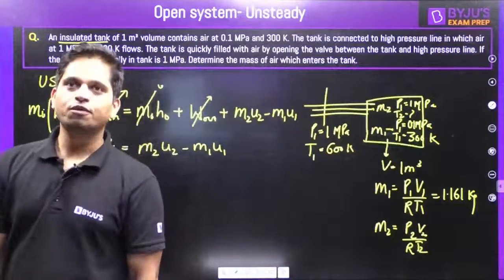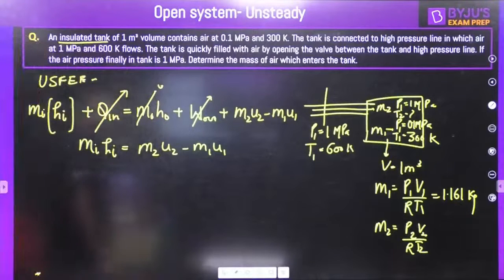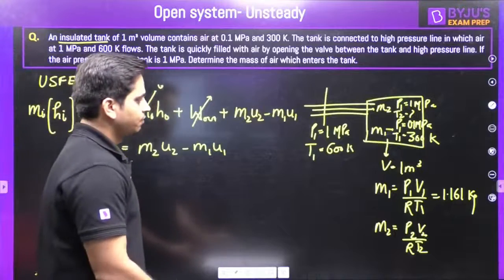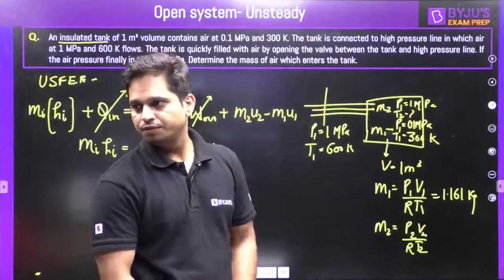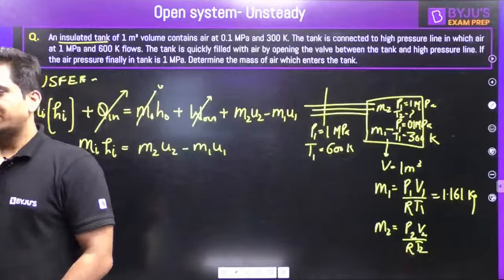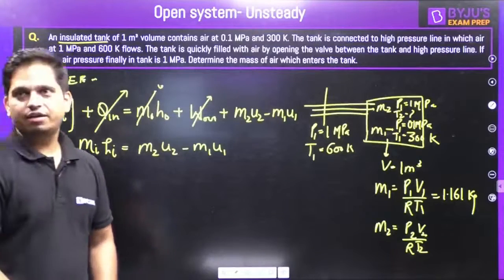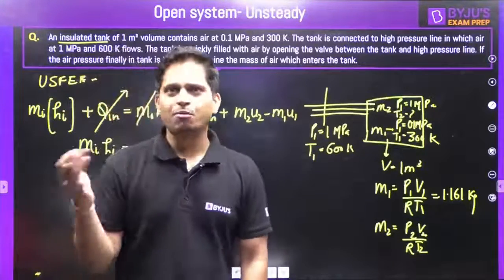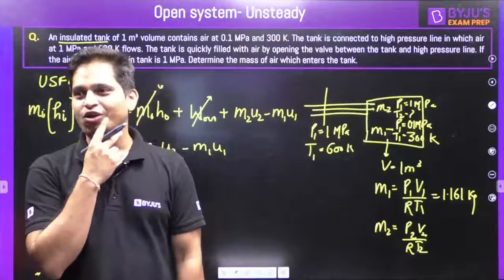What is M2? Can you calculate M2? Sachin, did you try this? Is this the way you tried? Very quickly we'll move ahead, okay? I have to solve second law questions as well today.